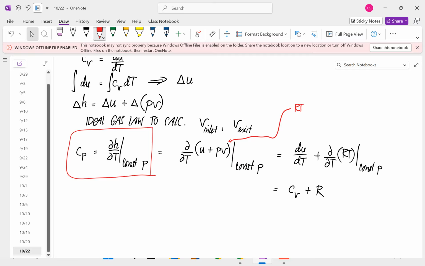R is a constant, right? For each gas, it's a constant. Yeah, that's right. So you have to do it for each gas. Most of the time, the problems that I give you for ideal gases are air, and that's 289 or 287 or something.